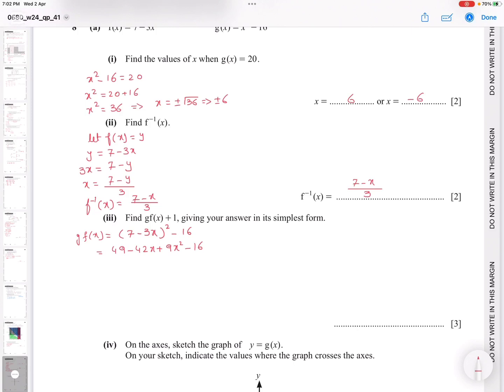So 7 times 7 is 49, 7 times 6 is 42x, plus 9x squared.